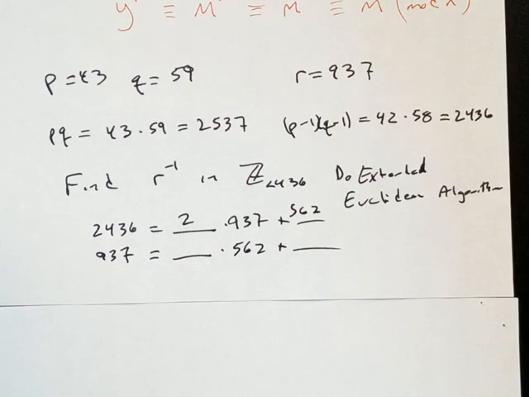We keep going until we get either the greatest common divisor, and since I gave you R, I know I should have set it up so that the greatest common divisor is 1, or I get 0.